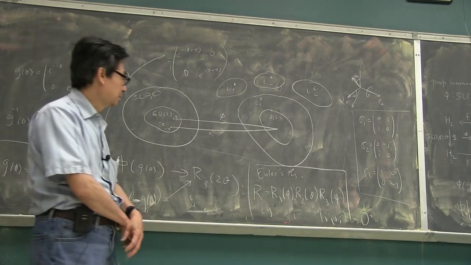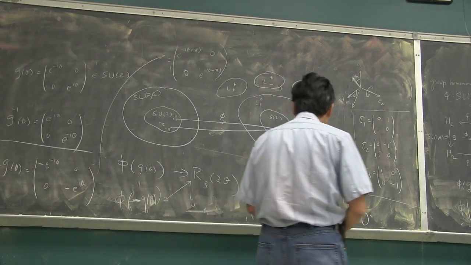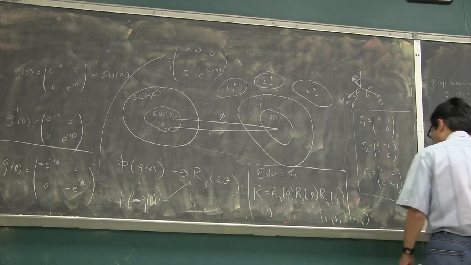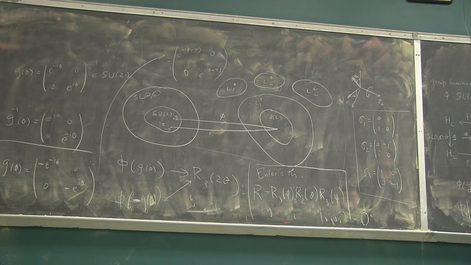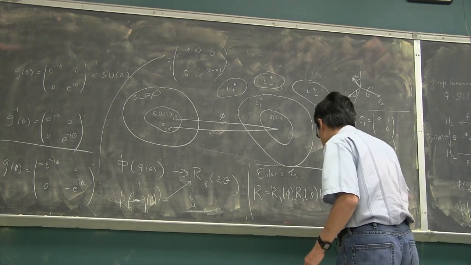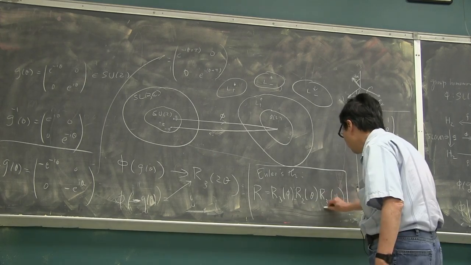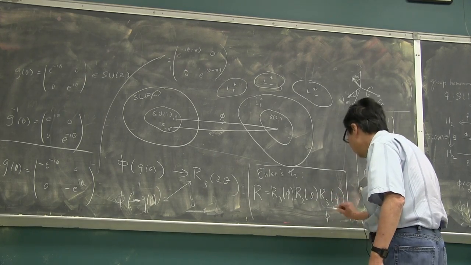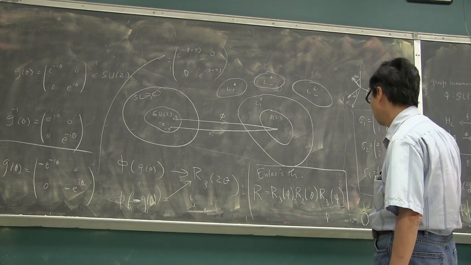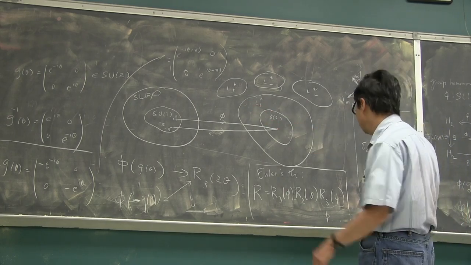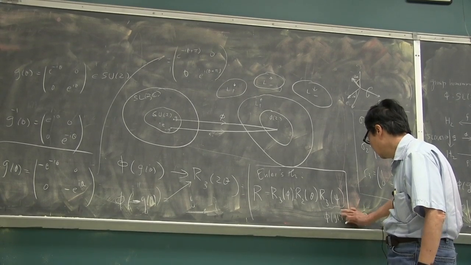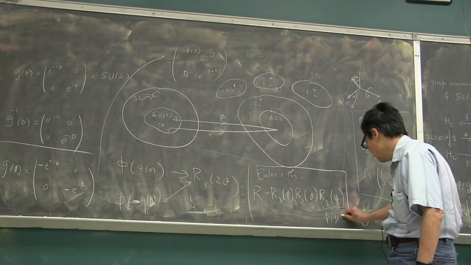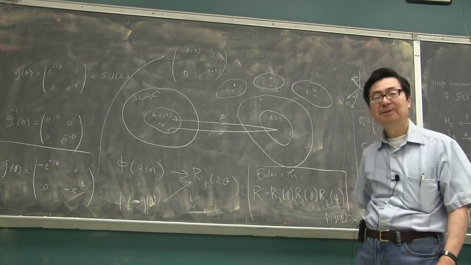So for example, going over to here, a general rotation can be written as, now this R3 is the image under phi of G. Since the rotation angle is psi, it must be G of psi over 2.